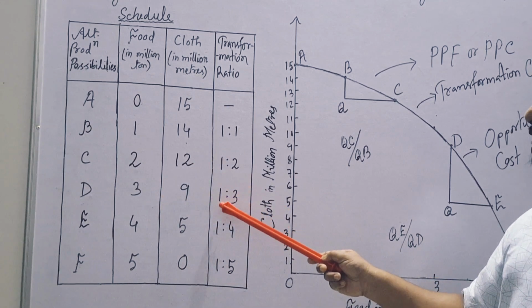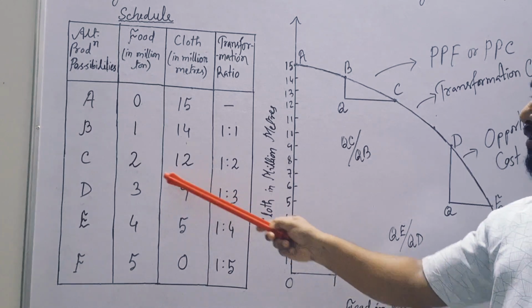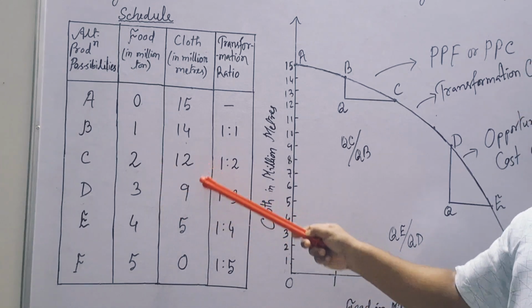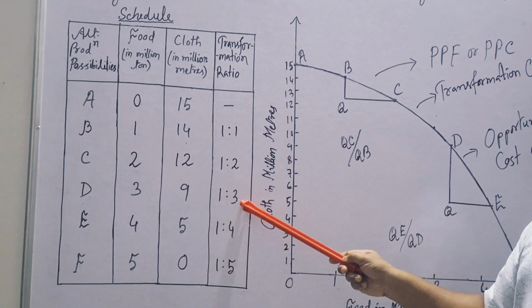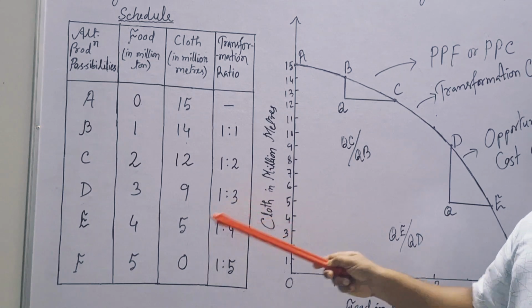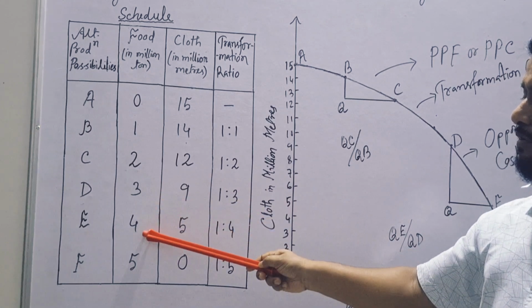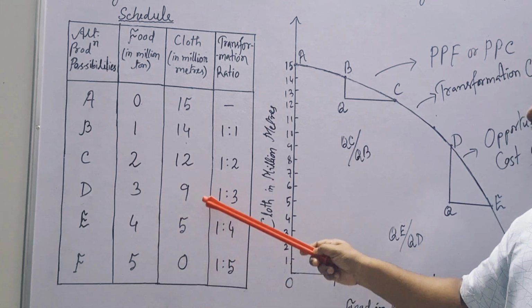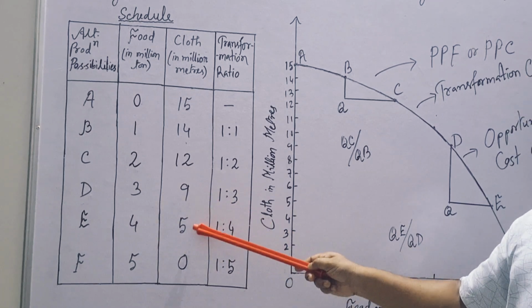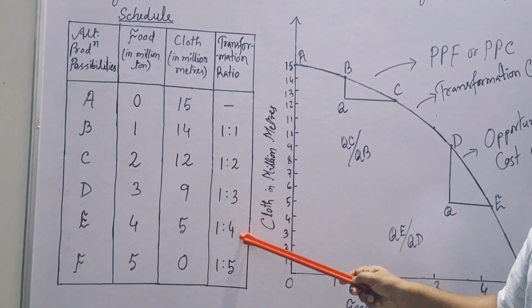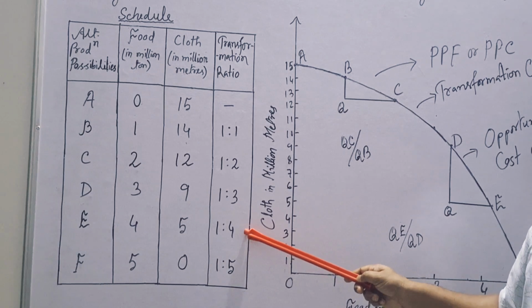For producing one more unit of food, the country has to sacrifice 3 million meters of cloth. And for producing one more million ton of food, the country has to sacrifice 9 minus 5, that is 4 million meters of cloth.